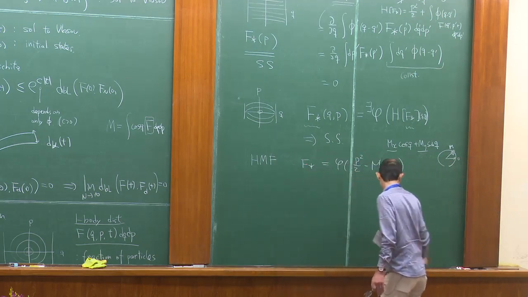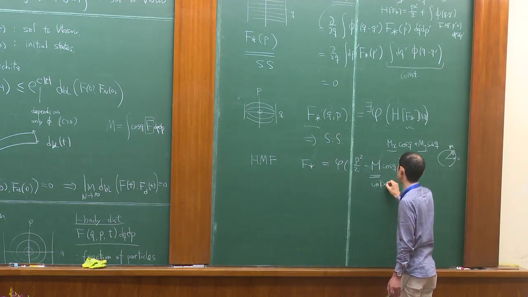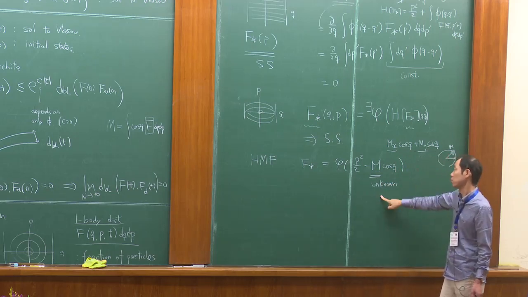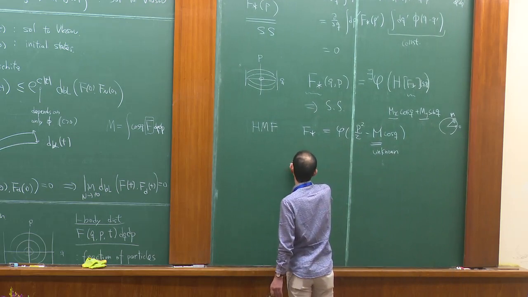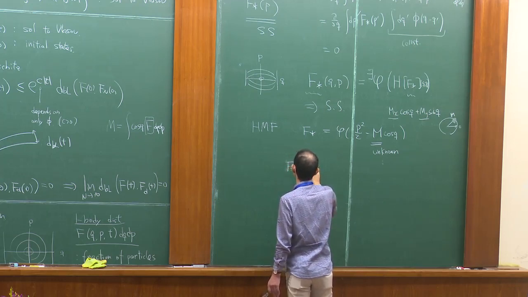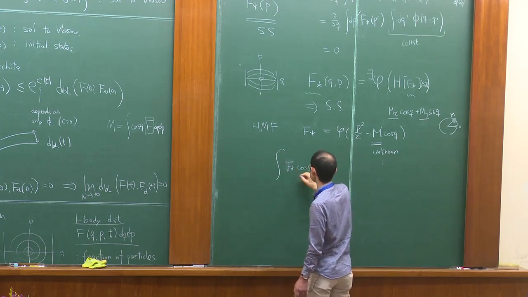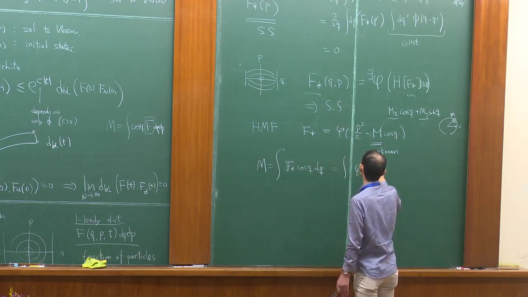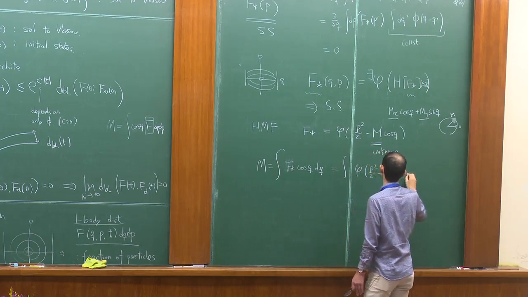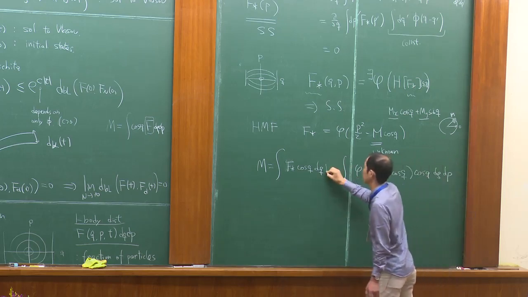So what we don't know is this M. This one is unknown, so we need to know this M. From this, F star cosine Q integral is M, and cosine Q, dq dp.